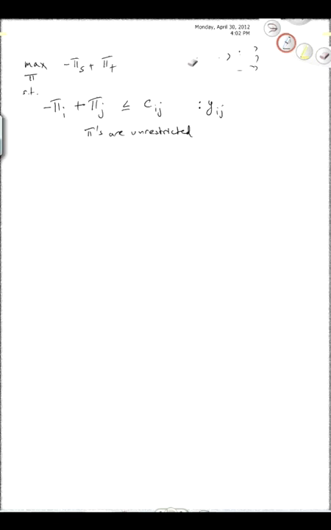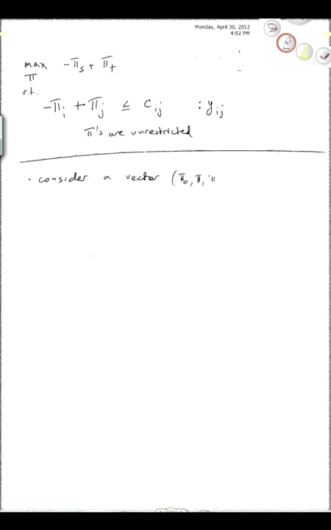So to start thinking about it algebraically, consider the following. Just consider a vector pi 0, pi 1, pi 2, all the way up to pi n. So this is just giving us values of all the variables that are in this program.